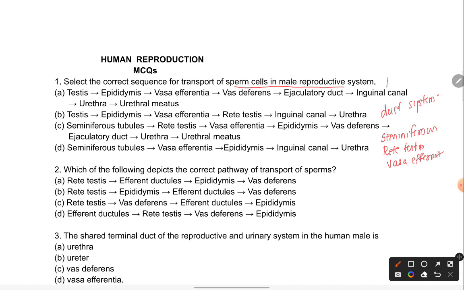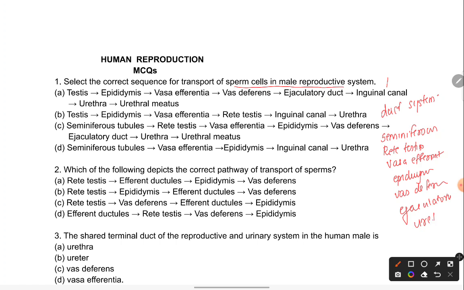Vasa efferentia then move towards the epididymis to form a single duct called vas deferens.